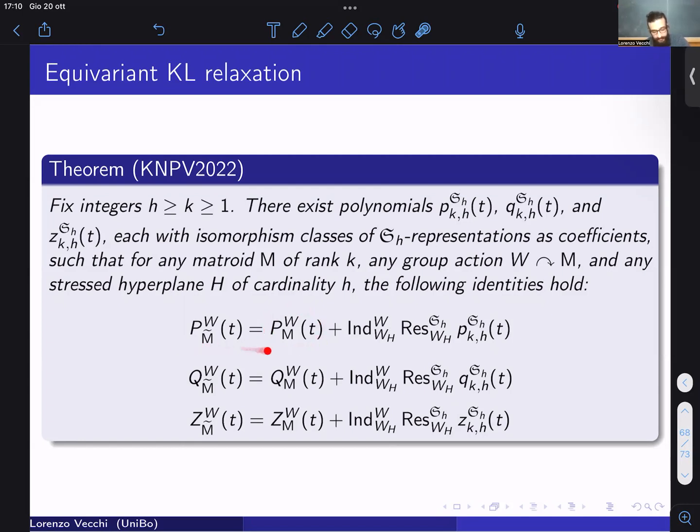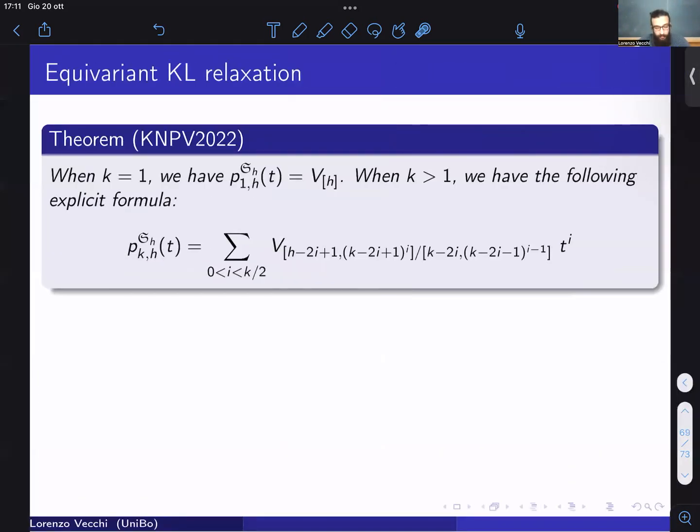And now the difference between these two polynomials is a correction term that does not depend on the matroid, but only on the rank and the size of the stressed hyperplane. And so this correction term has as coefficients isomorphism classes of some representations that are known. So they do not depend on the matroid. And we were also able to compute them.